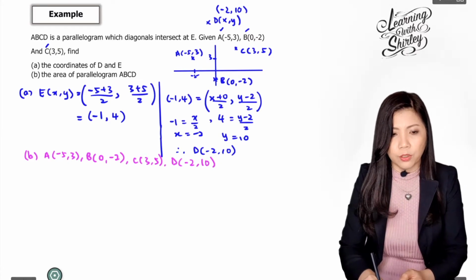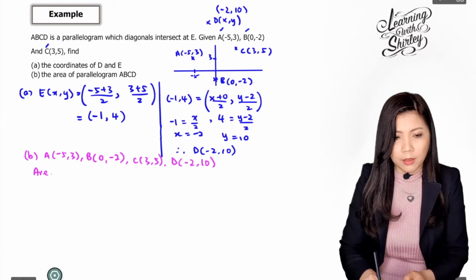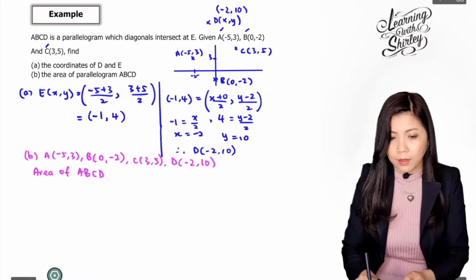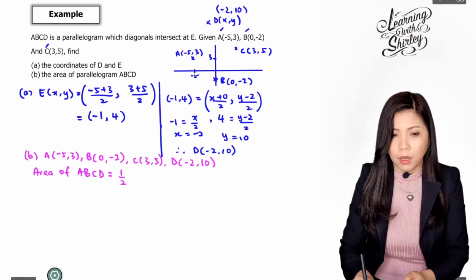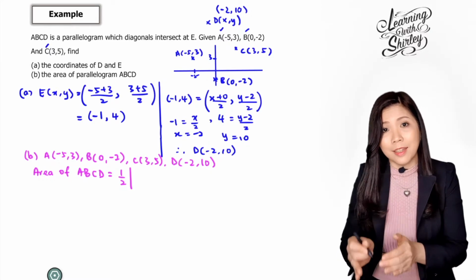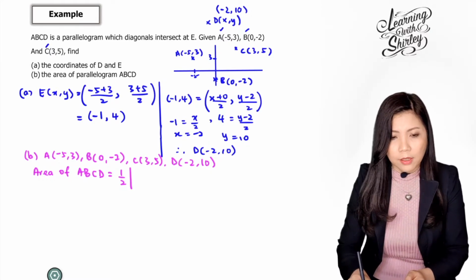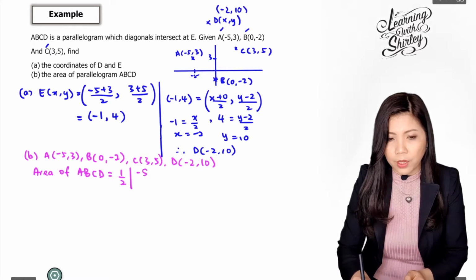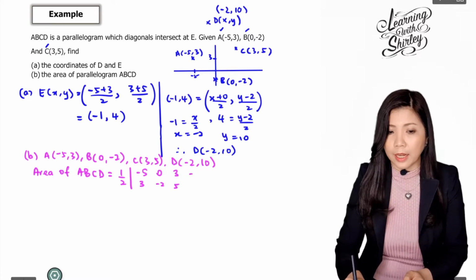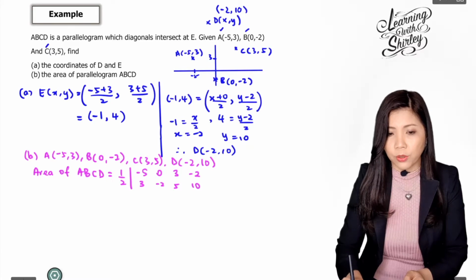I'm going to put these into the formula to find the area of the parallelogram. Area of ABCD equals half of the modulus. I write the coordinates of A, B, C, D, and then go back to A: (-5, 3), (0, -2), (3, 5), (-2, 10), and back to (-5, 3).